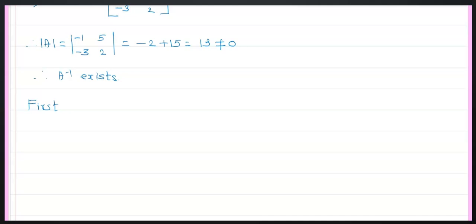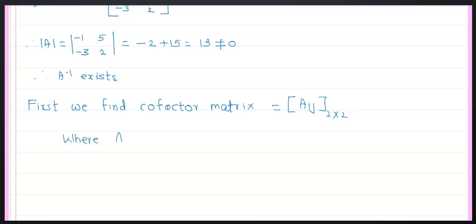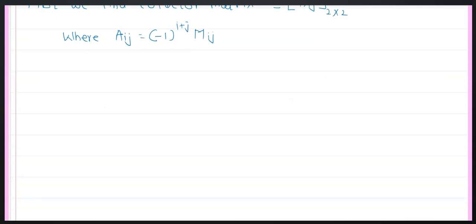First, we find the cofactor matrix. Aij is equal to 2 by 2, where Aij is equal to minus 1 raised to i plus j, Mij.